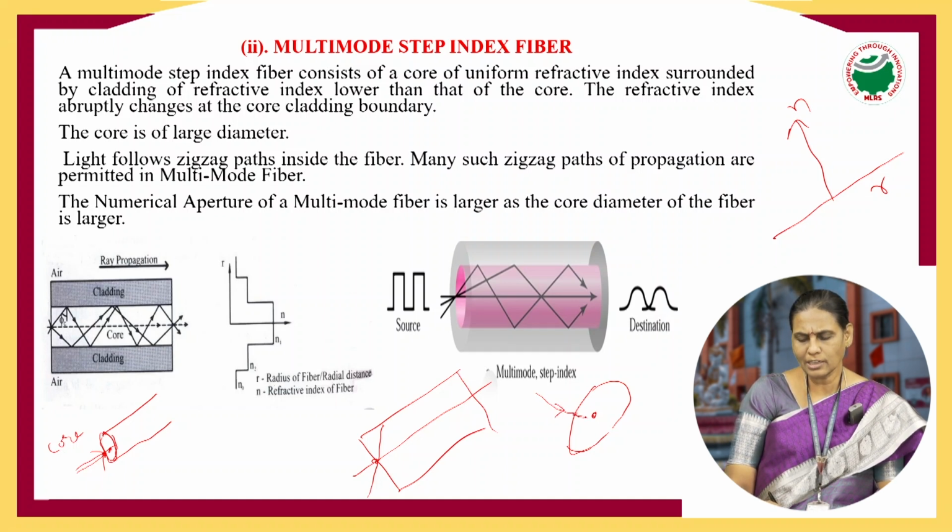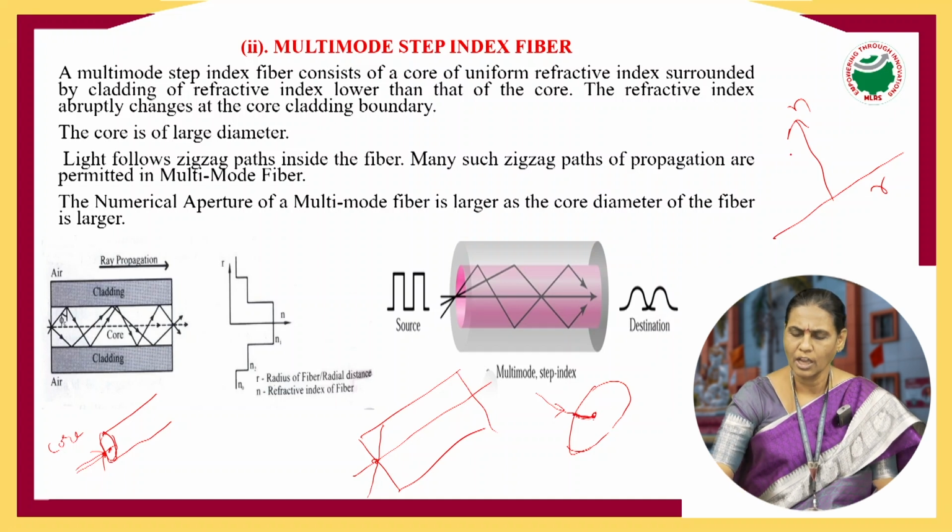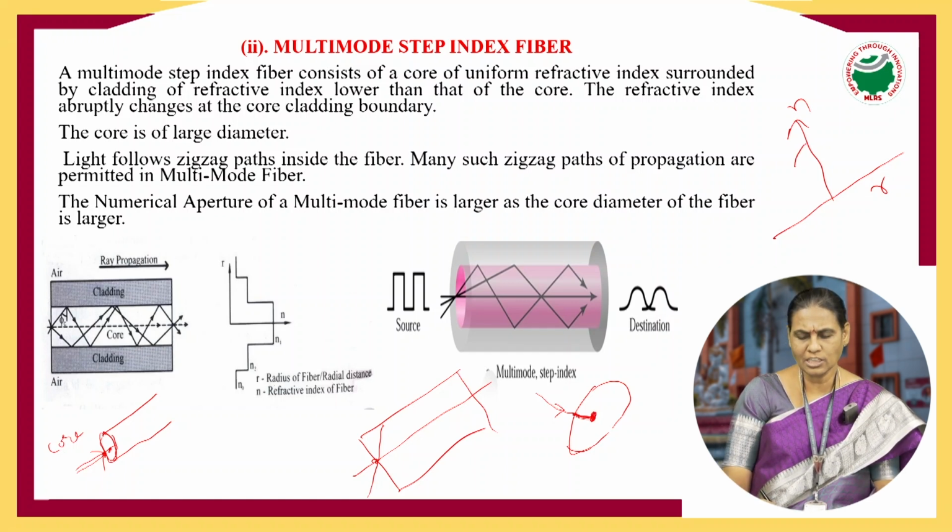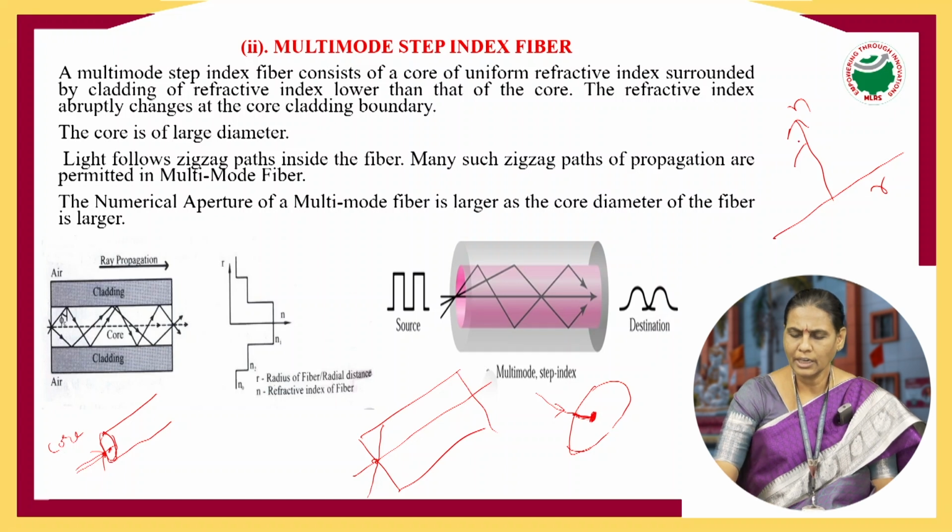As long as the light ray is traveling inside the core, as the distance is increasing, the refractive index is also increasing. Once the light ray has reached the center of this core material, it maintains the maximum refractive index.